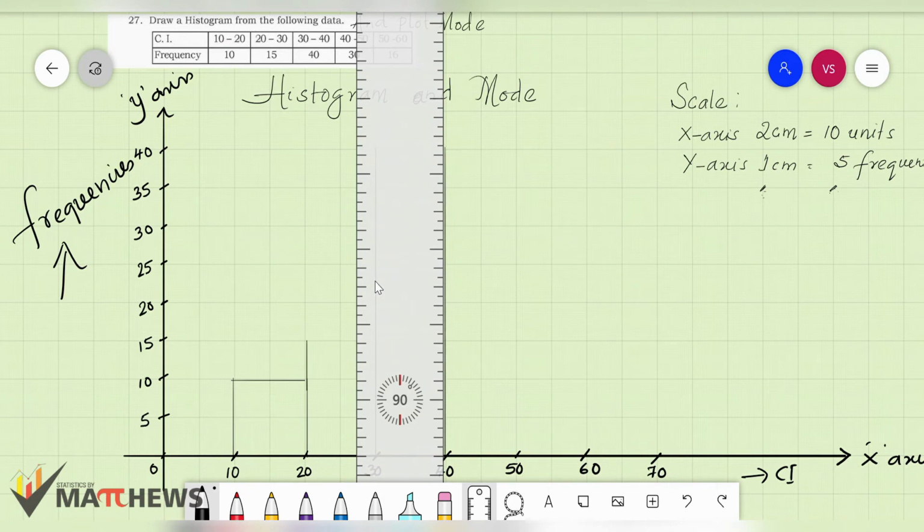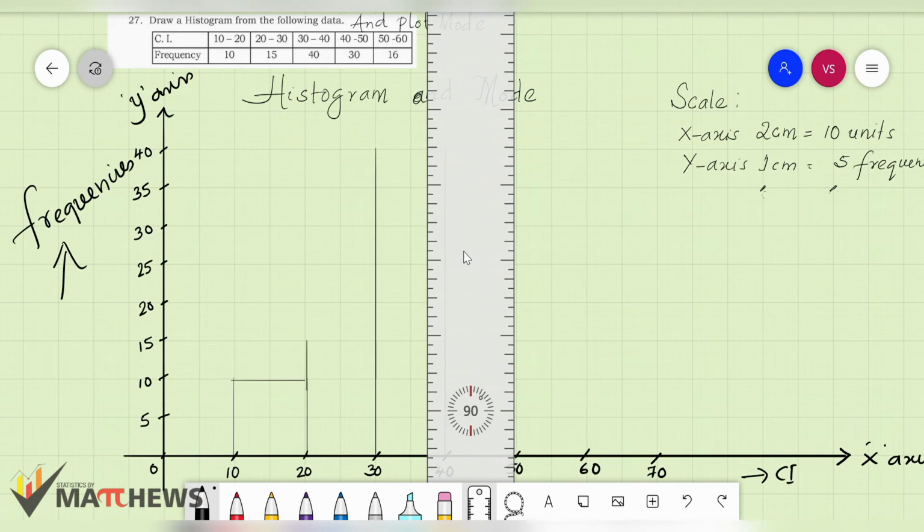Then we have 40 to 50 as 30. From here the length is 30.